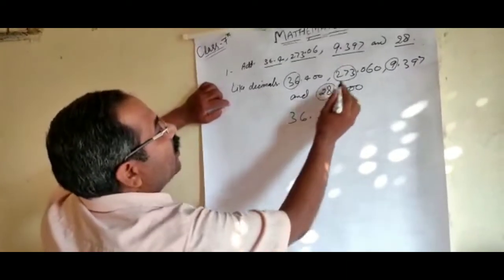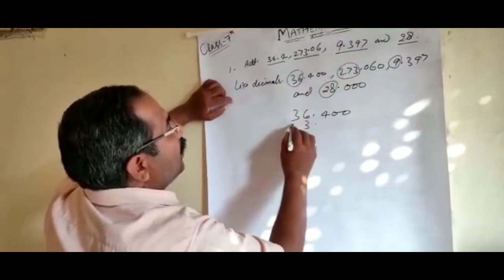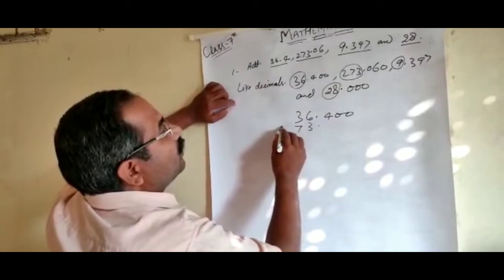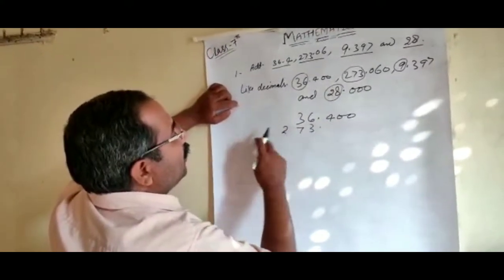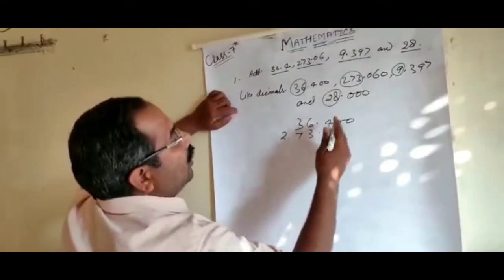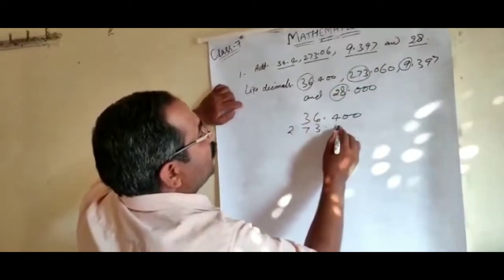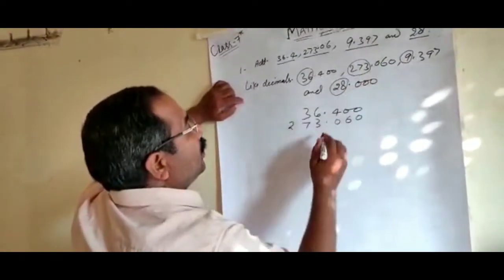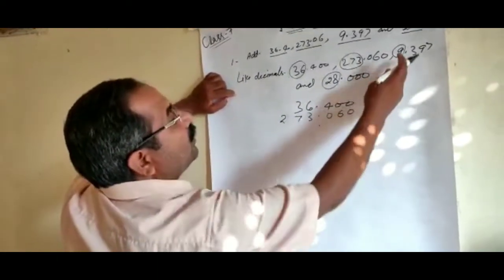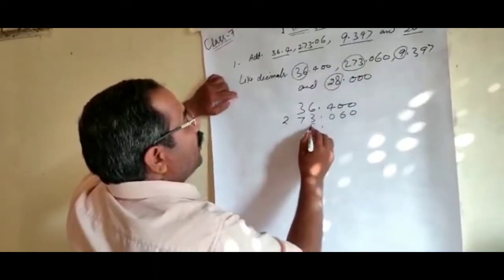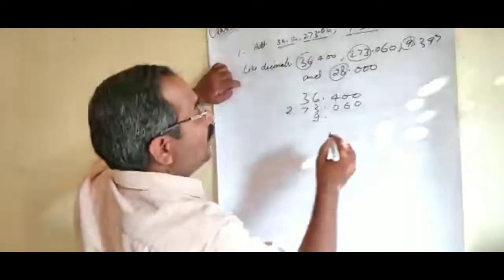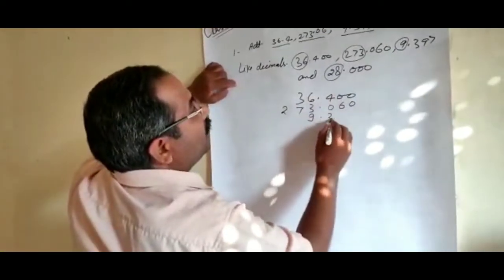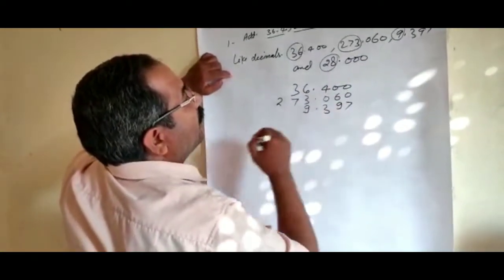So here first of all you will write 3, 7 and 2 is more, so you will write beside it. And after the point 0, 6, 0. In the third there is only one whole number digit, so write 9, and after the point 3, 9, 7.